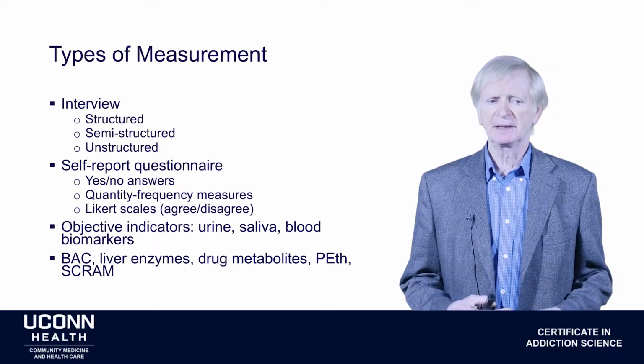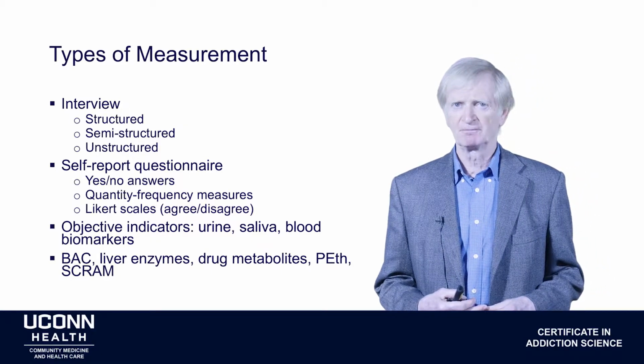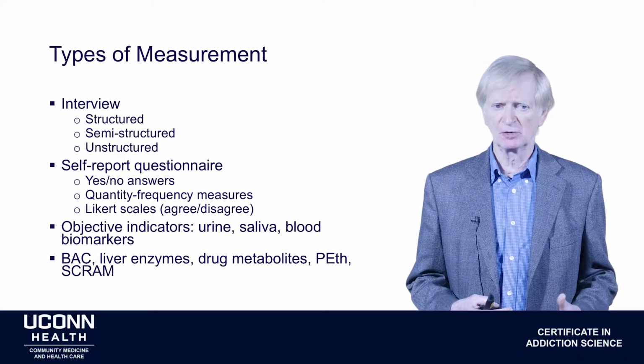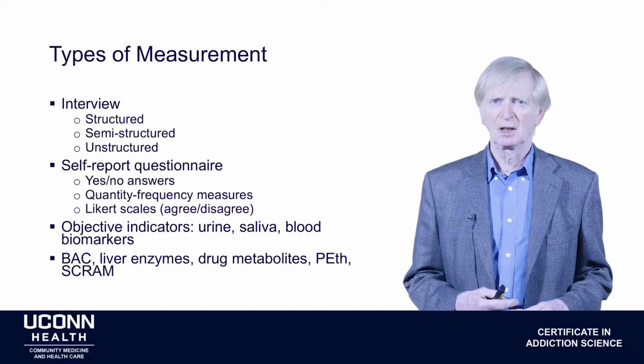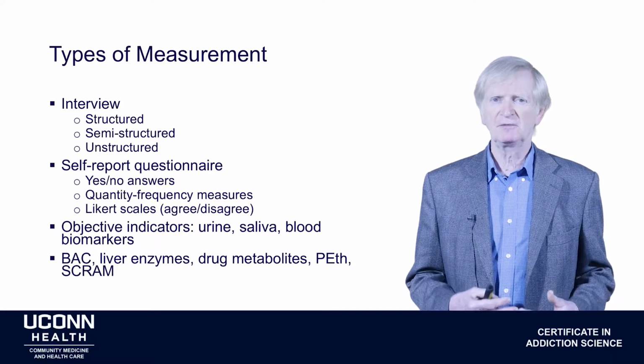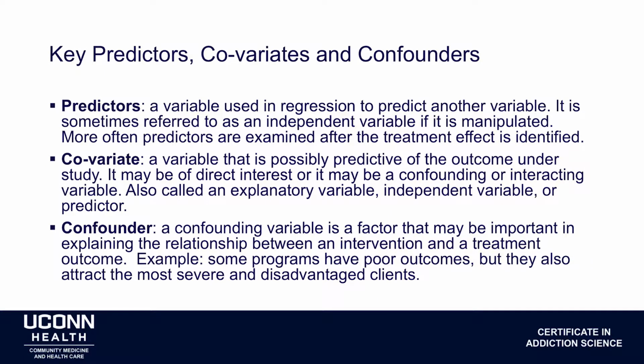One thing that we need to measure if we're looking at treatment outcomes, and these need to be measured when people enter treatment to begin with, are key variables that interact with outcomes. So predictors are important. These are variables usually used in regression analyses that predict other variables. And it's sometimes referred to as the independent variable.